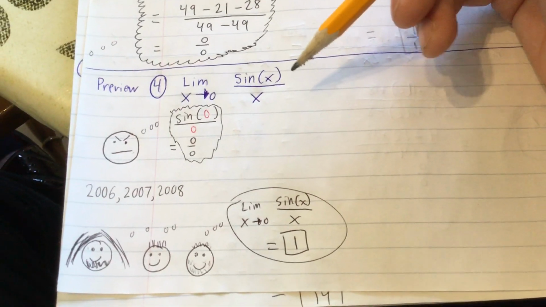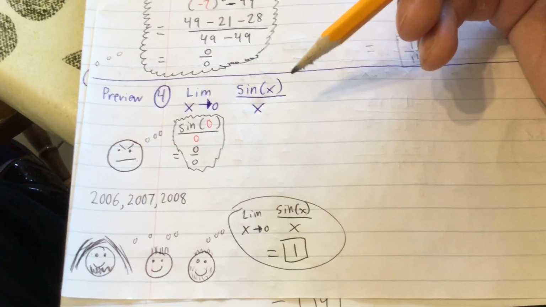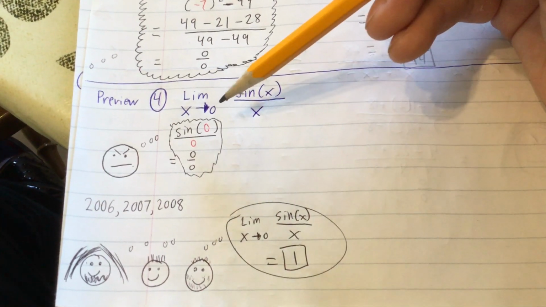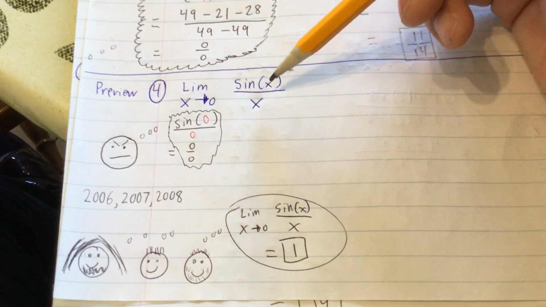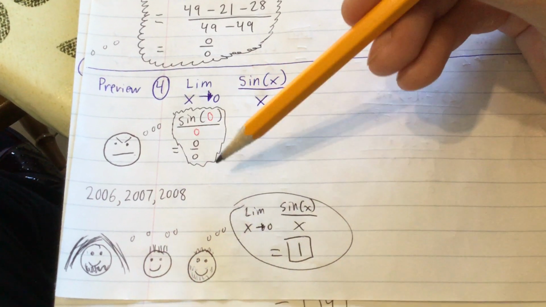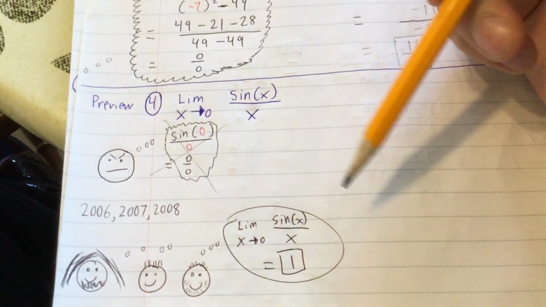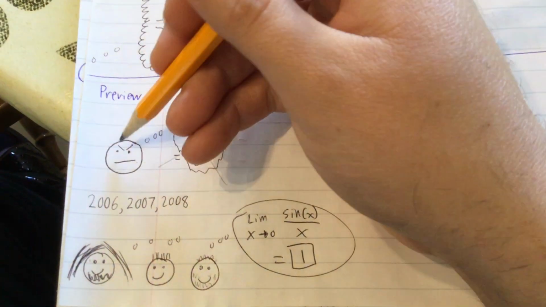this. This is one of those things called an axiom. In other words, we don't question it, we don't question why it works, it just does. The point is, if I do the limit as x approaches 0 for sine of x over x, I get sine of 0 over 0, I get 0 over 0. There's a hole in the graph, and Isaac Newton's not happy. Let me give him some long hair.